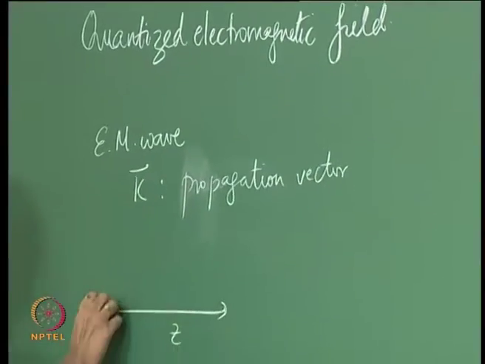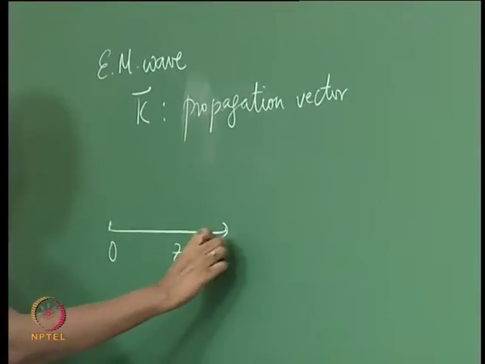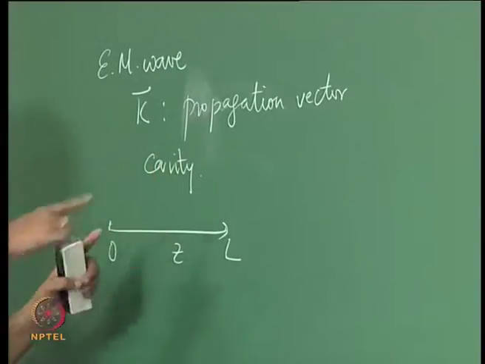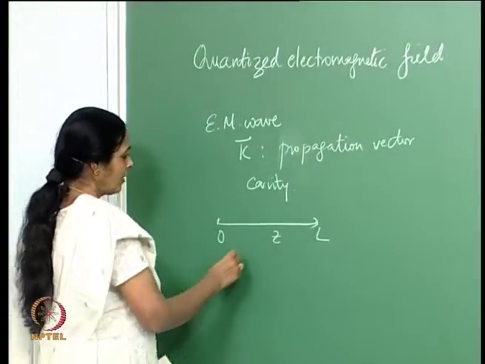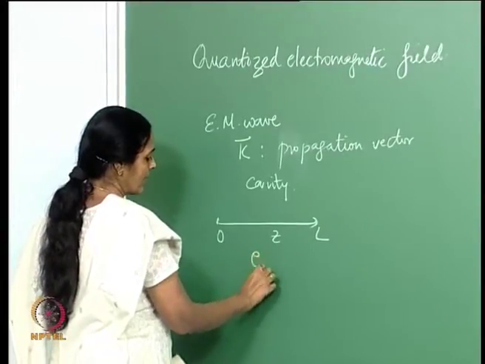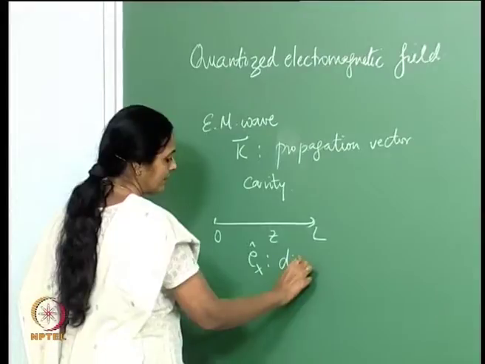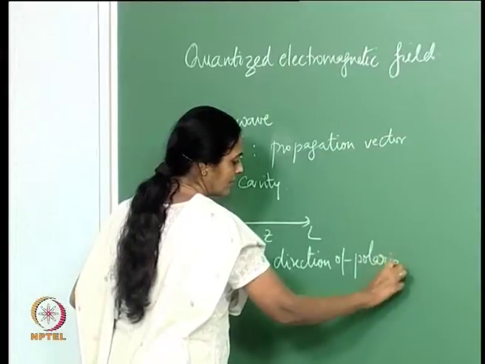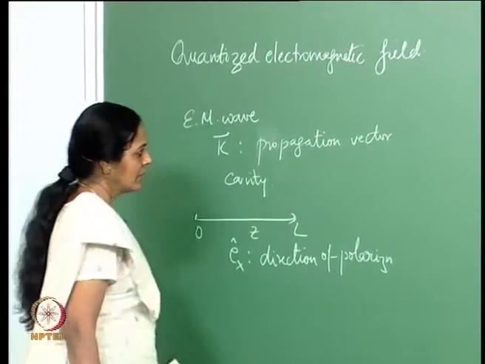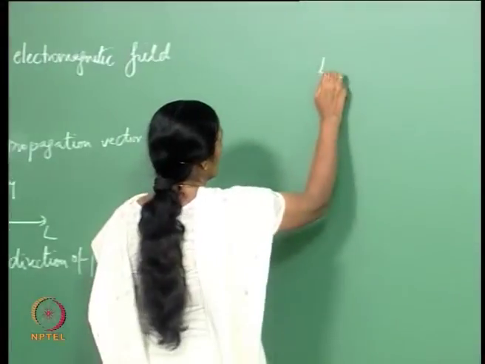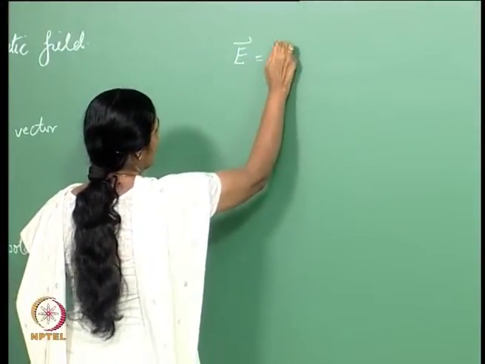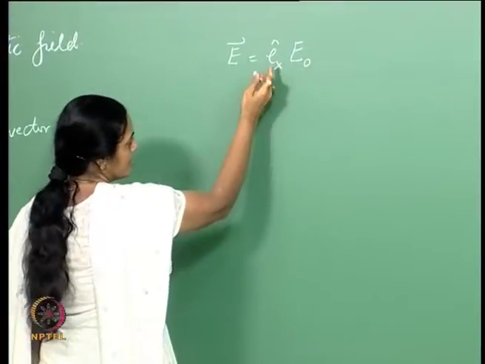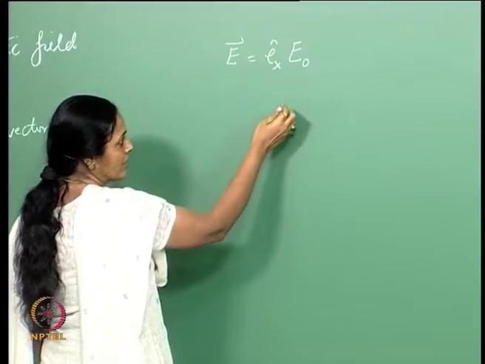I consider a simple case where this is the origin of coordinates, and this is a cavity which extends in the z direction from 0 to L. The polarization direction is the x direction, which basically means that the electric field is along the x direction and can in general be written as E sub x, with x being the unit vector along the x direction.